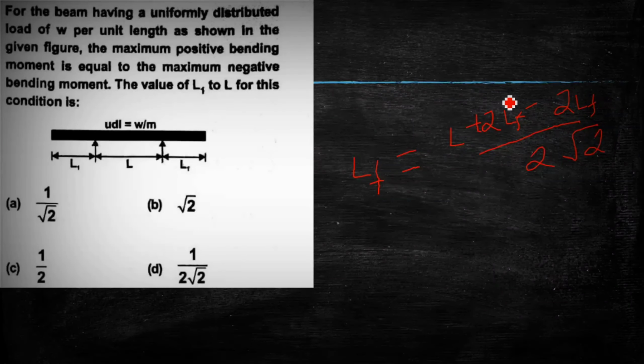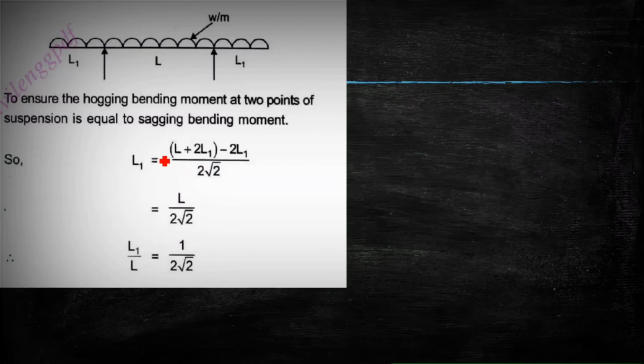So this term gets cancelled. So we are left with L by 2 root 2. So the correct option is option D, that is 1 by 2 root 2. So here we have the entire length of the overhang minus 2 times the length of overhang, because it is on both sides, by 2 root 2, and we get the answer L by 2 root 2. Thank you for watching, guys.